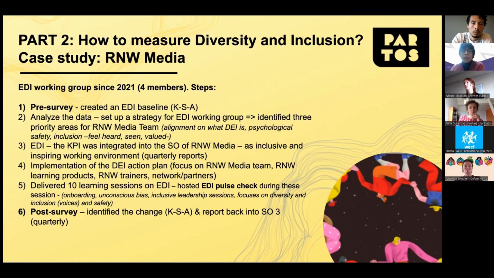After that, we implement the DEI action plan. Based on the baseline, we set up an action plan for the year. This is the action plan of the DEI working group, and we focus on 4 areas: the team, our learning and digital products, R&D media, and trainers and partners.